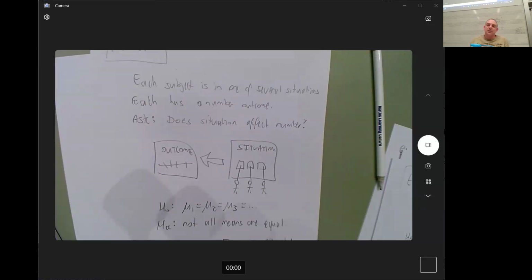Sometimes lecturers in this course or in other courses will provide you a table, but you should add to that table a little bit of text to say what situation they go in, so it's a little easier to tell.